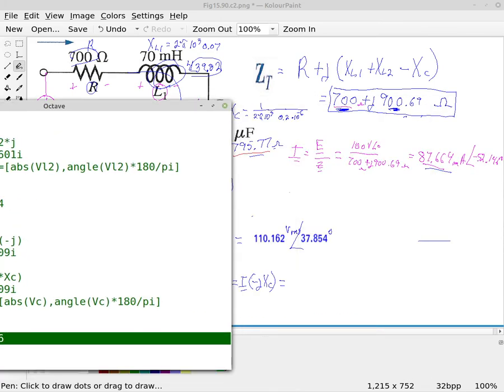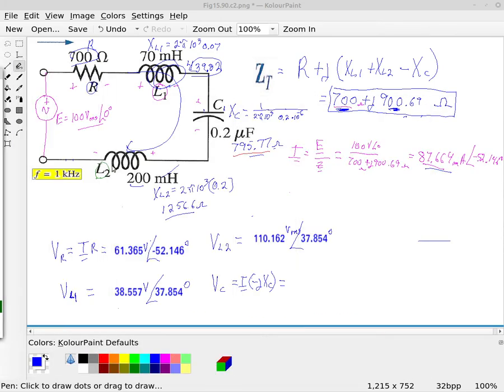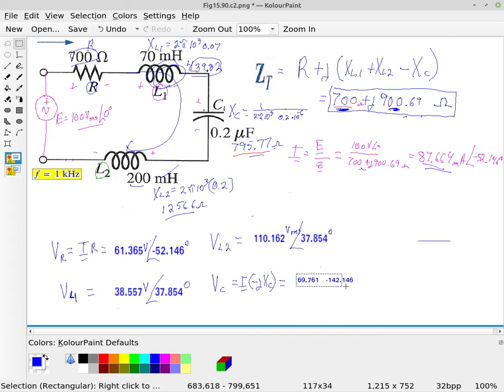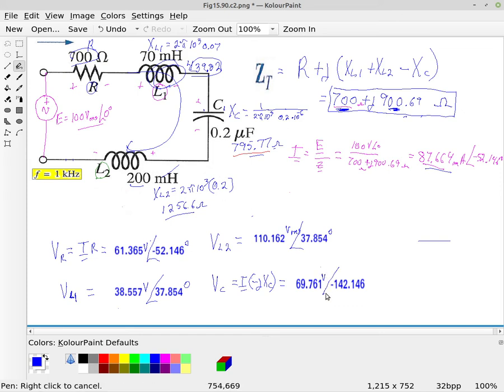Okay, so that angle is minus 142. So let me paste that in there. So that's volts with an angle of minus 142 degrees.